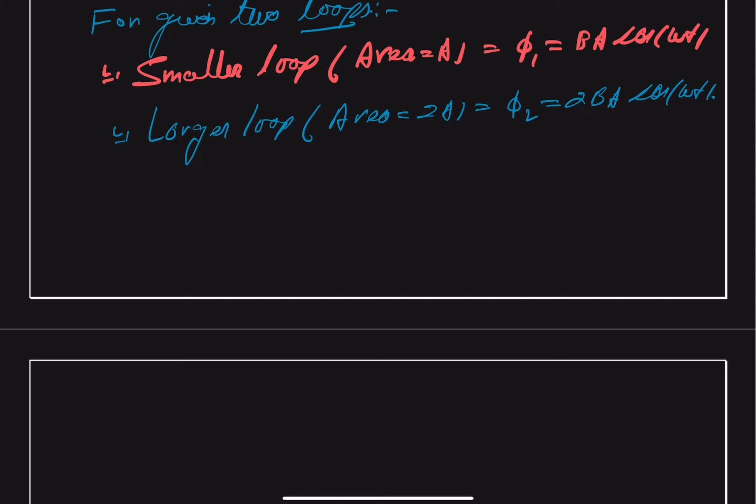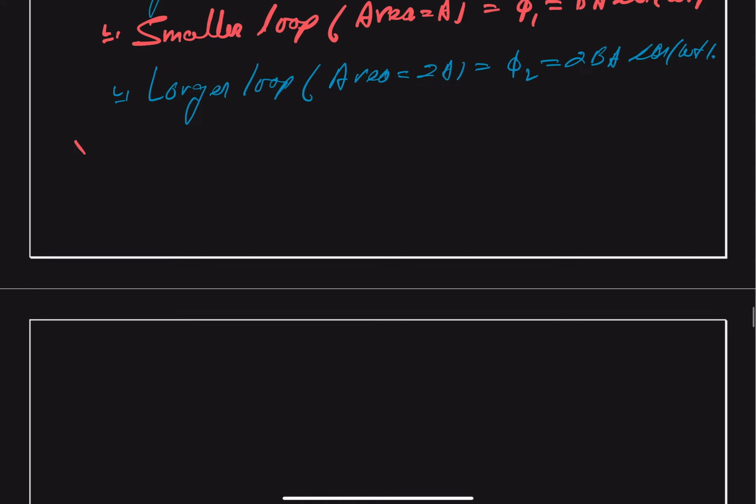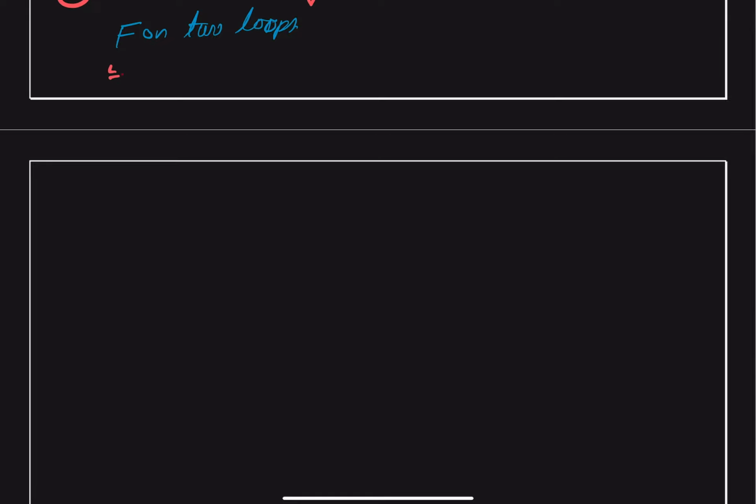Now we find out the induced EMF. Induced EMF, the general formula is minus d phi by dt. Similarly, for two loops, first of all we write it for the smaller one.